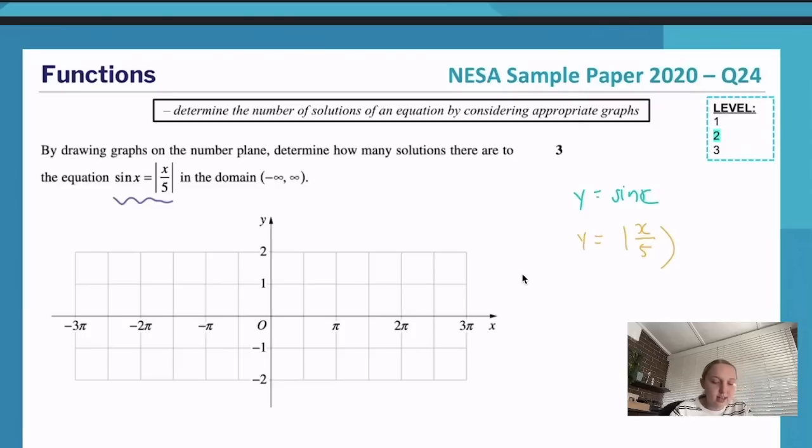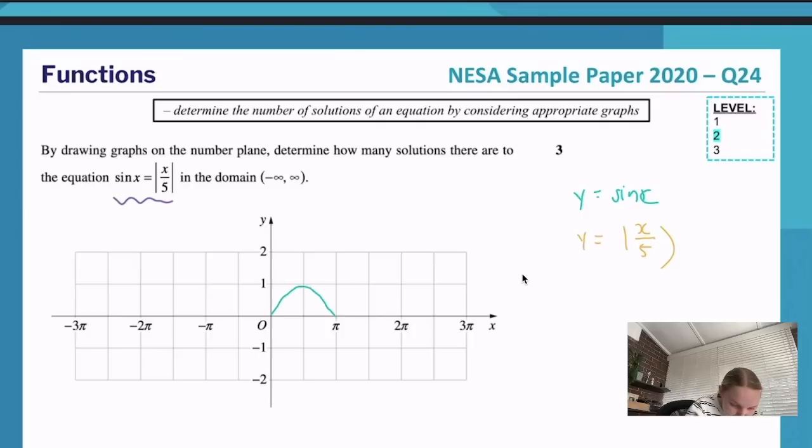Okay, we'll start with y equals sine x because that doesn't have any transformations to it. So we are just looking at, let's see how good my graphing is.